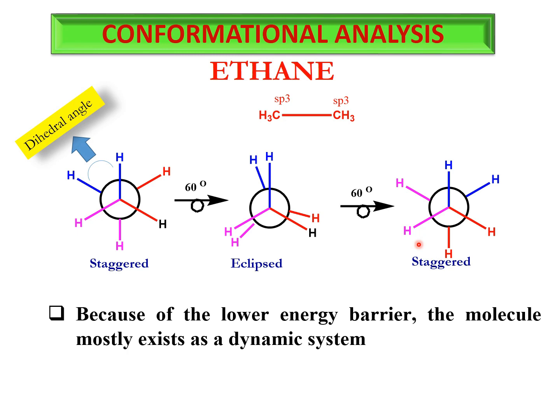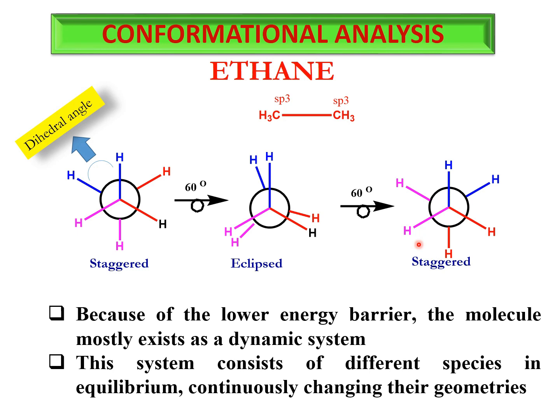So you will have to consider this ethane as being in a staggered conformation, not in an eclipsed conformation. And this system consists of different species like this, which are in equilibrium, and they continuously change their geometries. So you can see they are in a dynamic system, and they are changing their geometries from time to time after rotation through a particular angle.